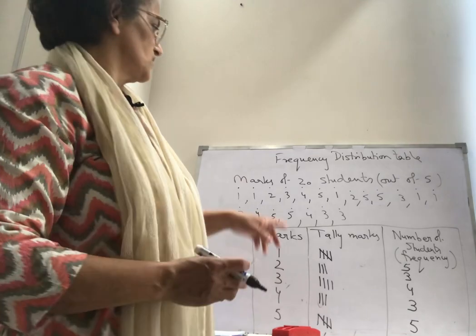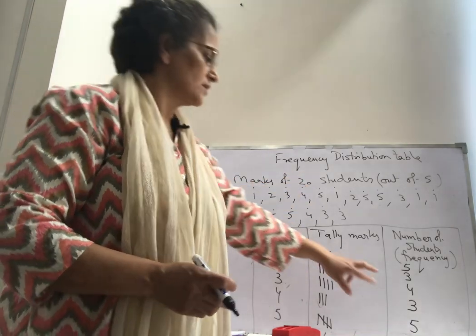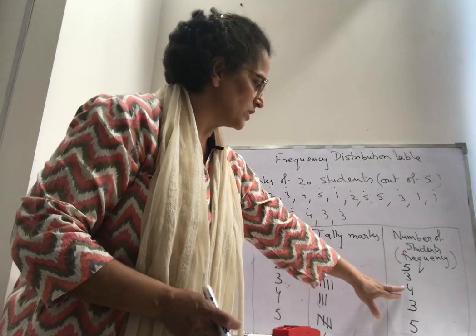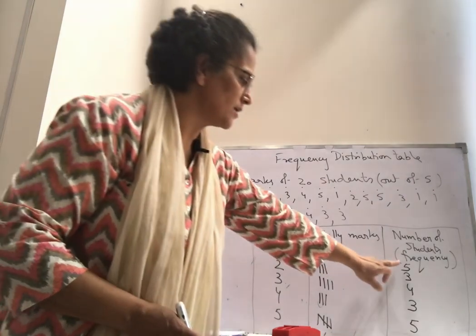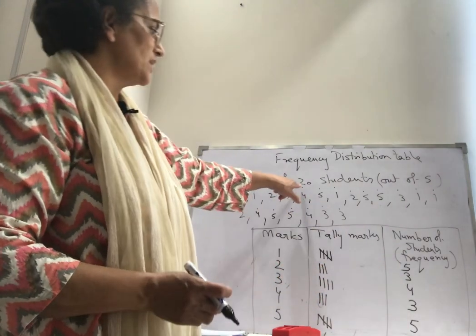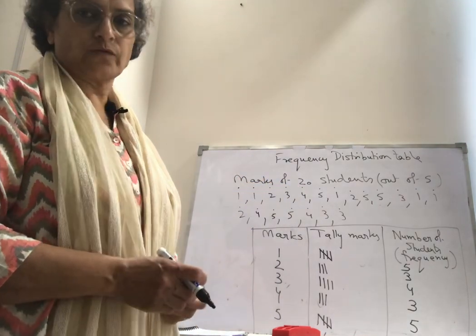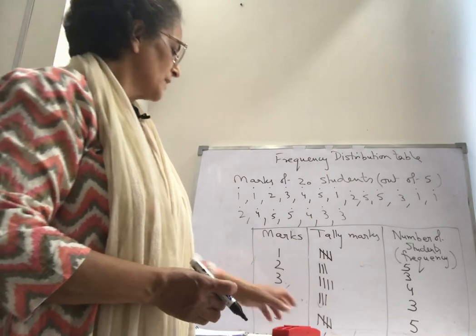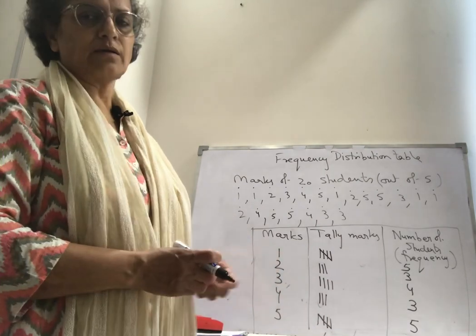Now you can check, this was 20 students. You must check the total so that you are sure you have not missed any number. So when you add up 5 plus 5, 10, 7 plus 3, this is 20 and we talked about 20 students. So this way you make your frequency distribution table.